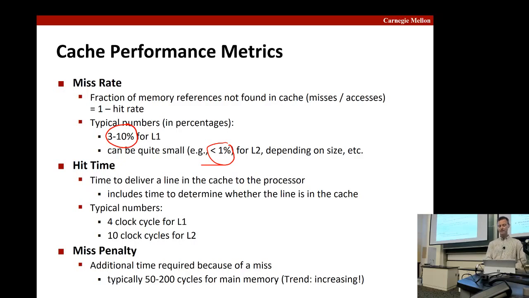The hit time is, again, if you miss, you have to go to the next level of the cache. And how long does it take to fetch things from that? If you miss all the way out to main memory, then compared to the, say, 4 and 10 cycle hit times for L1 and L2, it's up to 200 cycles for main memory, and that gap is increasing.